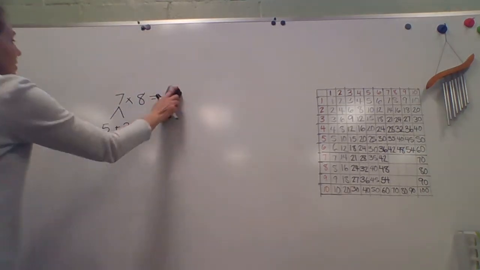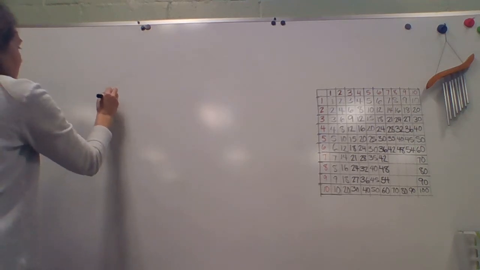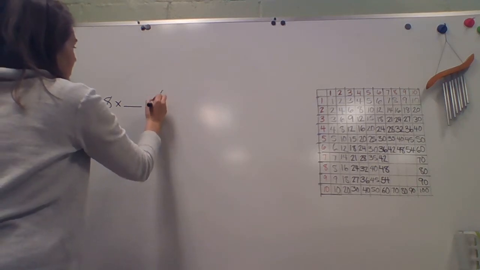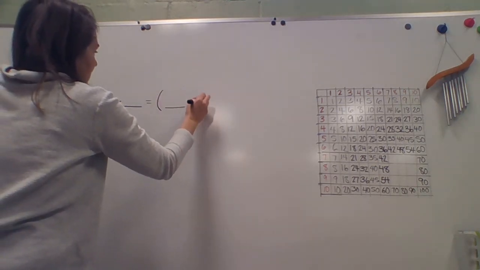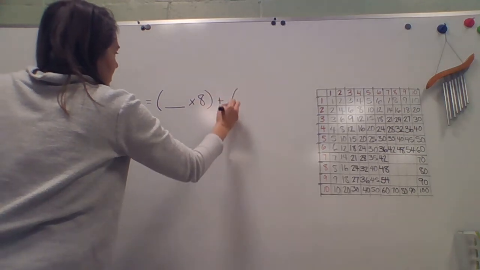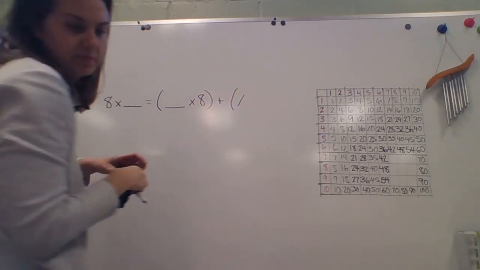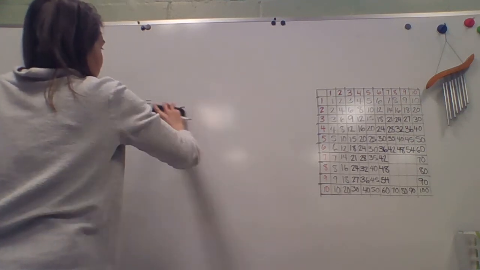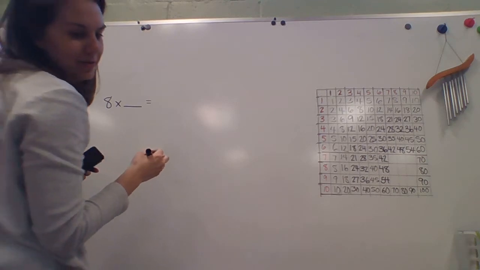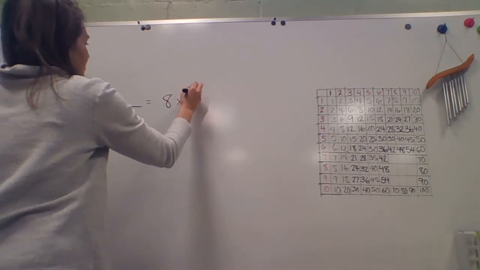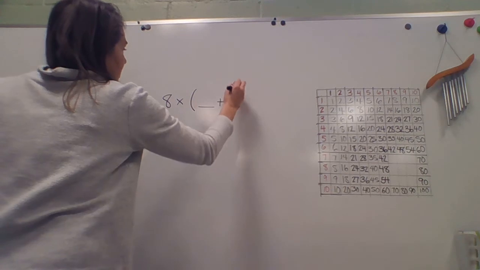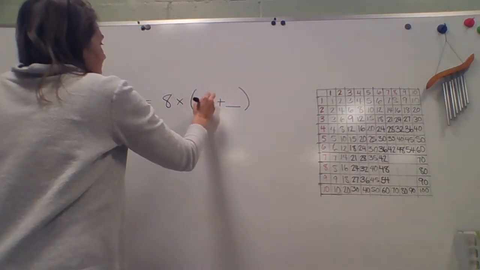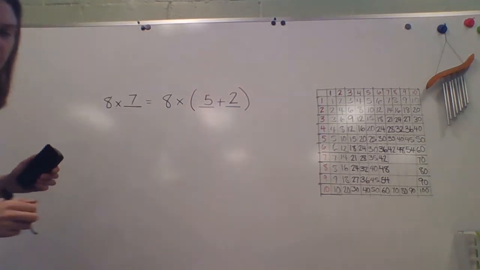So they have it written out as 8 times blank is equal to 8 times blank plus blank in parentheses. So we said 8 times 7 is the same as 8 times 5 plus 2.